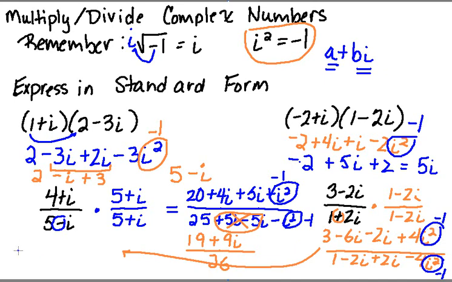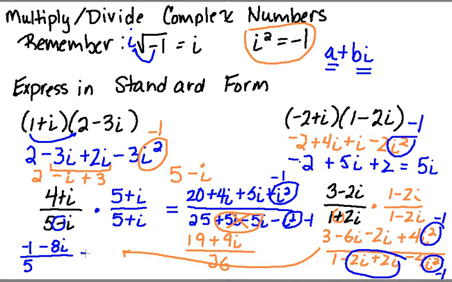So I get negative 1. And then I've got minus 6i minus 2i is a minus 8i. In my denominator, I've got 1, and if I put in a negative 1 for my i squared, this becomes 1 plus 4, which is 5. And notice again that my minus 2i and my positive 2i cancel out.